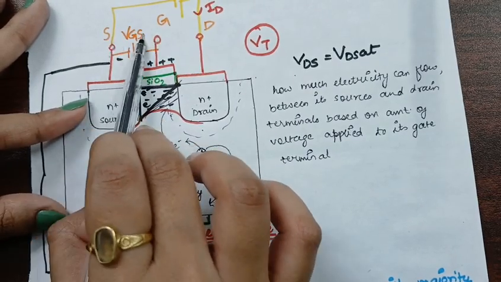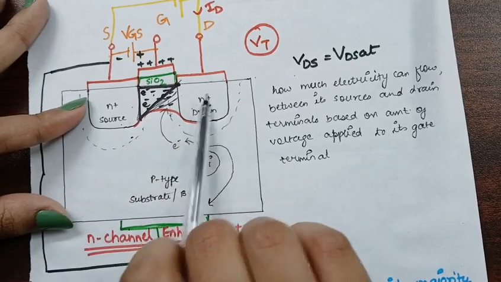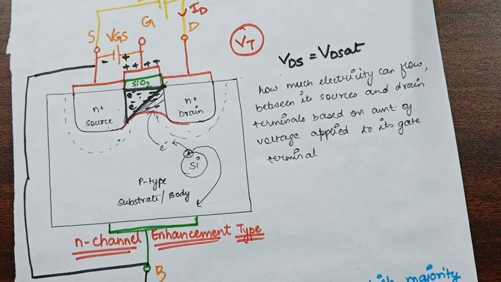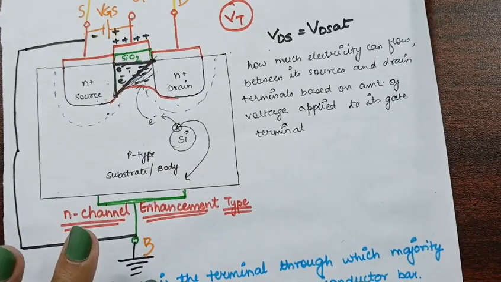By increasing the value of VGS, the channel will increase, and hence there will be more flow of current from drain to source. So this is the structure of the MOSFET, that is the N-channel enhancement type MOSFET.